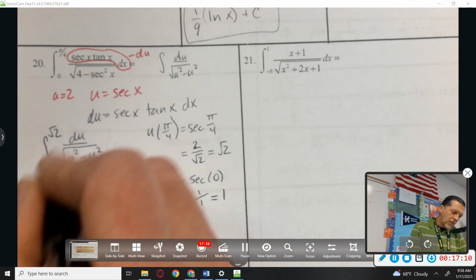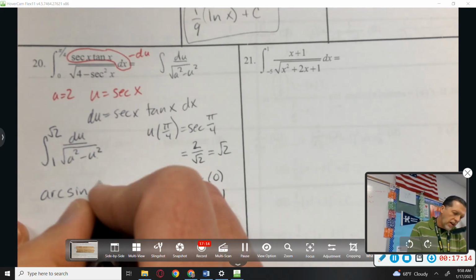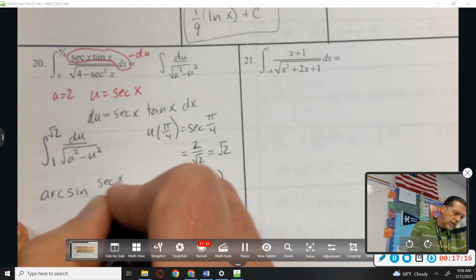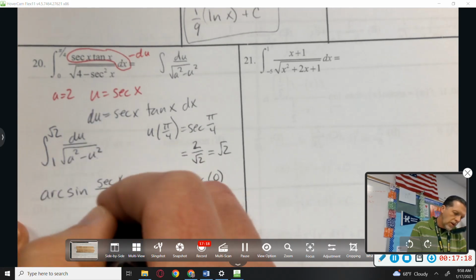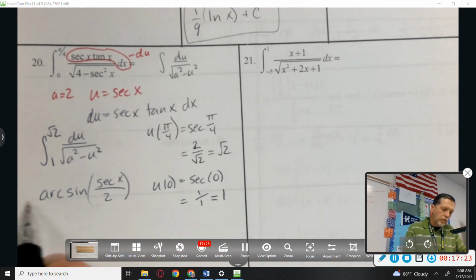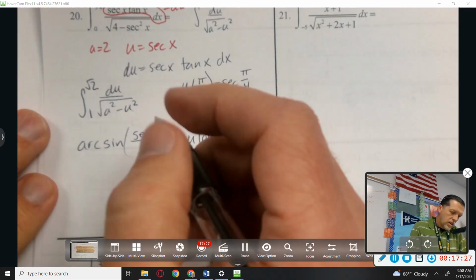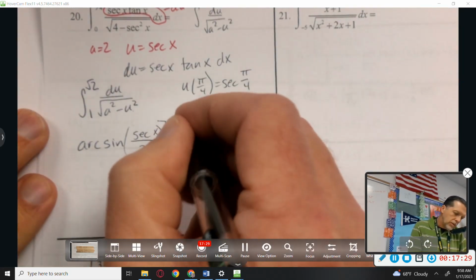Okay, so that's arc sine of u over a. So secant of x over 2. And arc sine does not have the 1 over a out front. That's only arctangent that has that. And then from 1 to square root of 2.